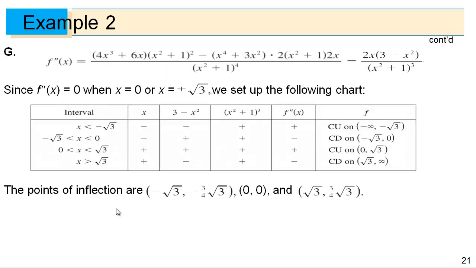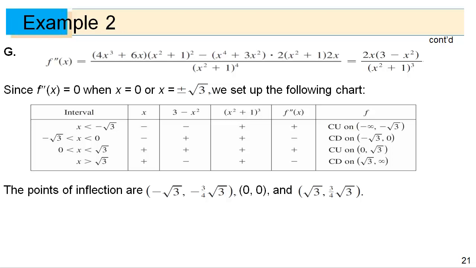Take the second derivative, get this thing, again set equal to 0 and solve. The only answer you get is 0, and then in this case square root of 3, plus and minus, right? So there are our three critical values. We divide up the number line by those three critical values, negative root 3, 0, and positive root 3, and then we do test points in each of those, right?